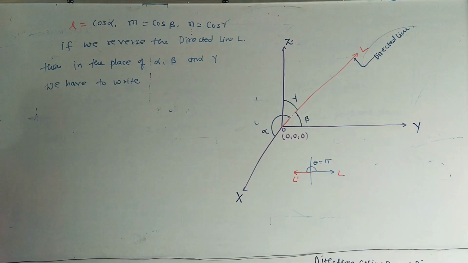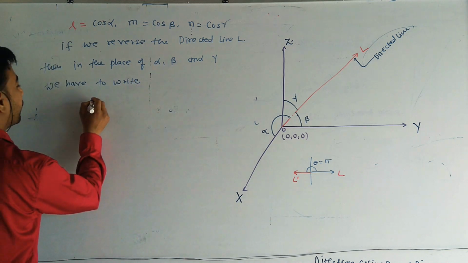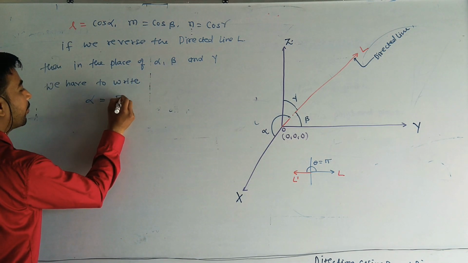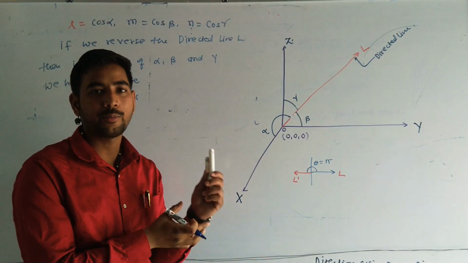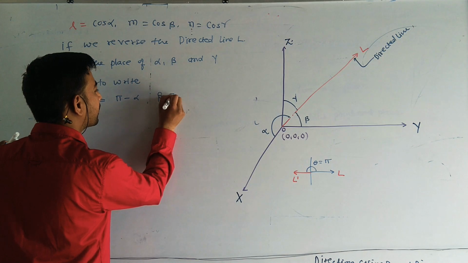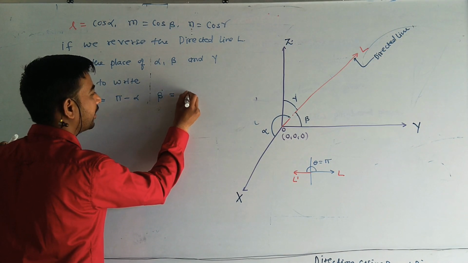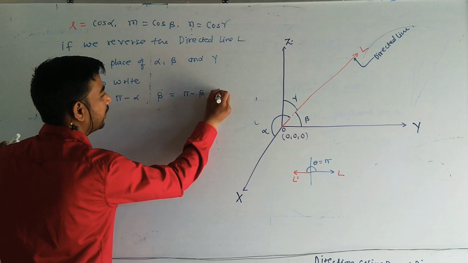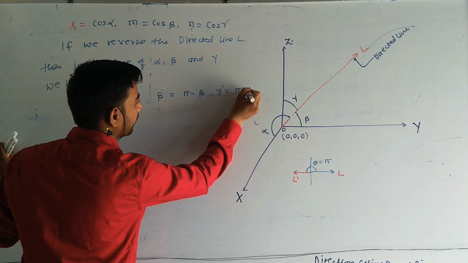In the place of alpha, beta, gamma you have to write: in the place of alpha you have to write pi minus alpha. In the place of beta, the new angle, beta dash I am representing here, pi minus beta, and the new angle is gamma dash, it is pi minus gamma.